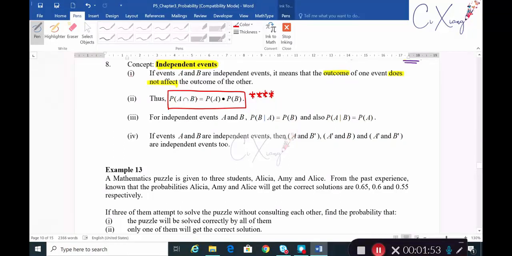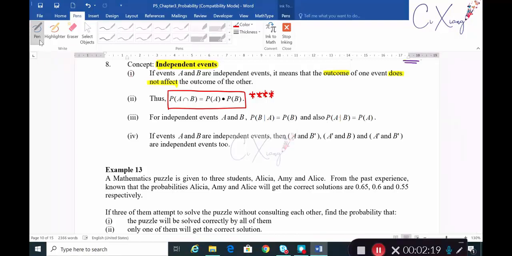Okay, so for independent events A and B, the conditional probability of B given that A already happened is equal to P(B), and the other way around. For this point, generally we are not going to use it very often, so you can just skip it. It is just for extra knowledge here.